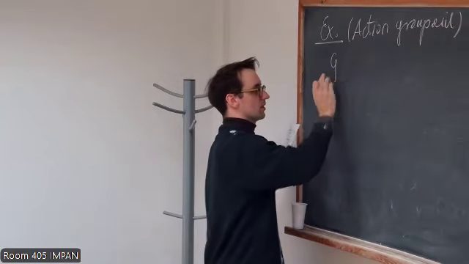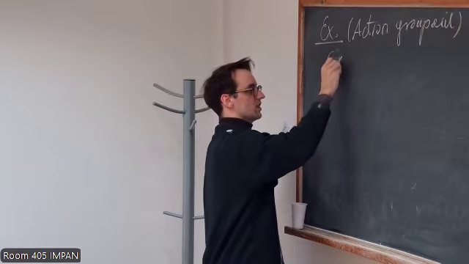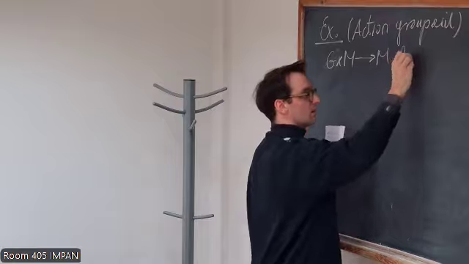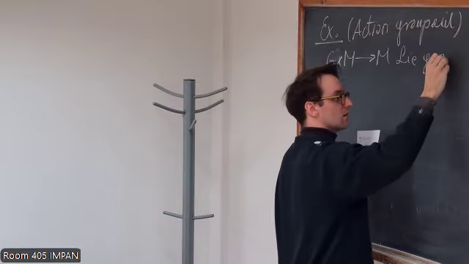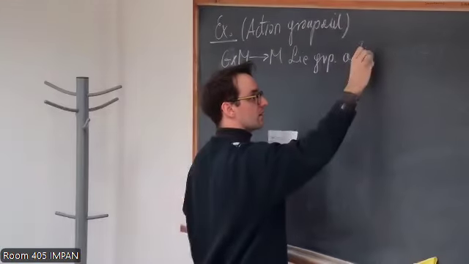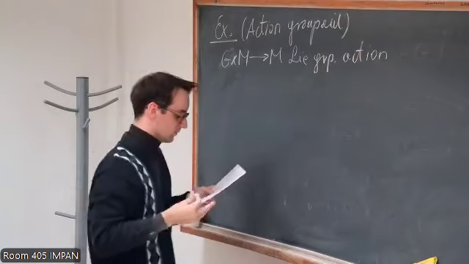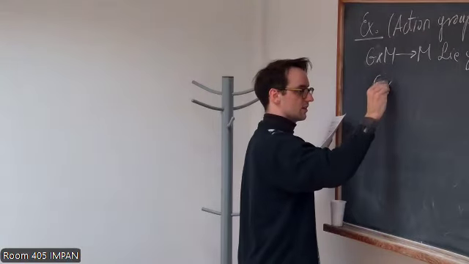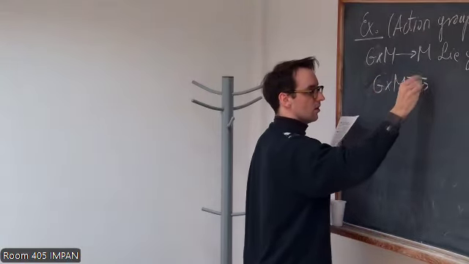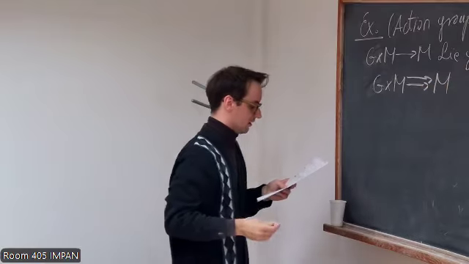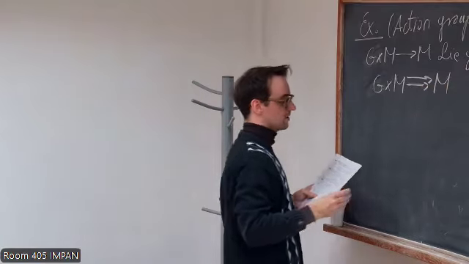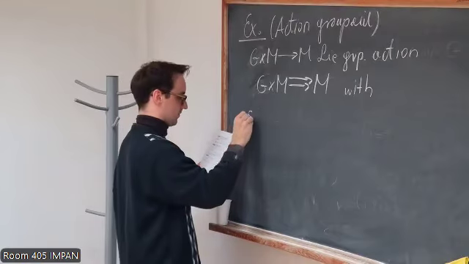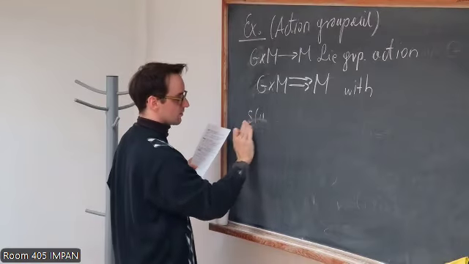So we have a Lie group action, and then G times M over M becomes a groupoid with source and target.